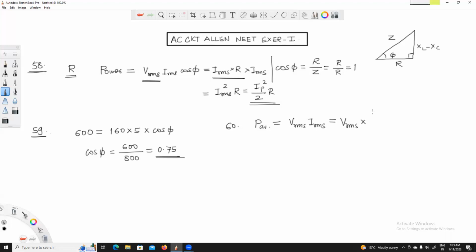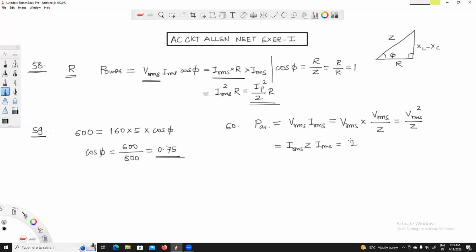This current, if you express in terms of V_RMS divided by the impedance of the circuit, you get basically V_RMS square divided by impedance. You can write this formula in terms of current as well. So you can write this V_RMS as I_RMS times impedance Z, again I_RMS.